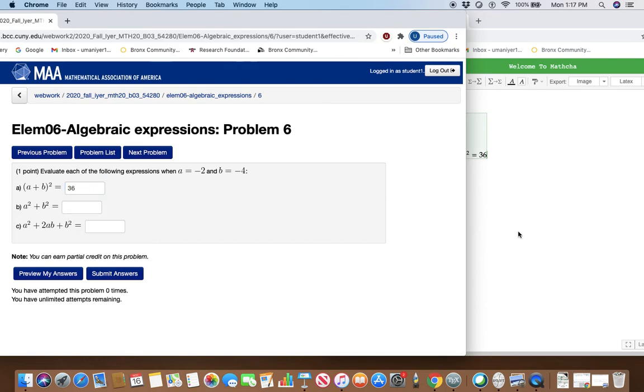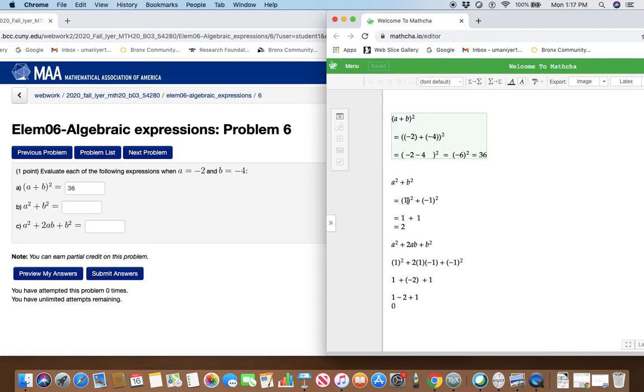A squared plus b squared. All right. What is A? A is negative 2. So don't forget parentheses. What is B? B is negative 4. Don't forget parentheses. When I square, the negative becomes positive. 2 squared is a 4 plus.